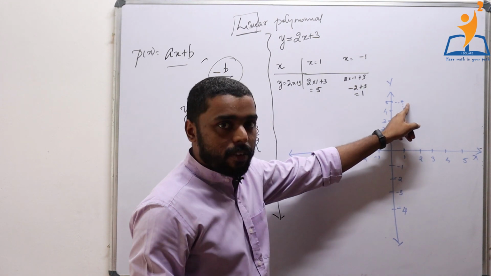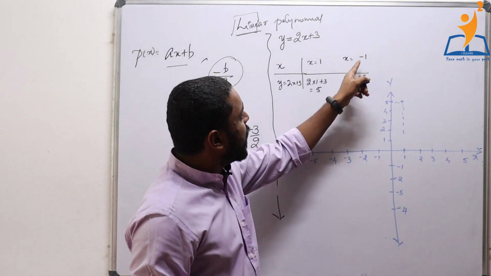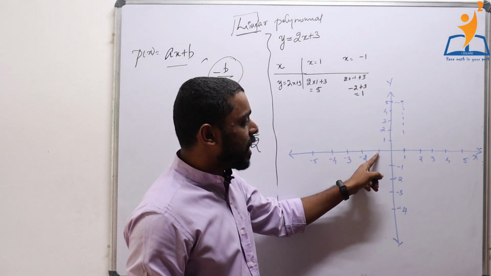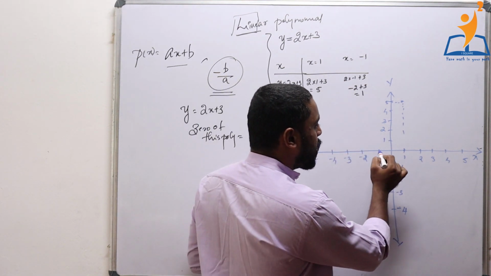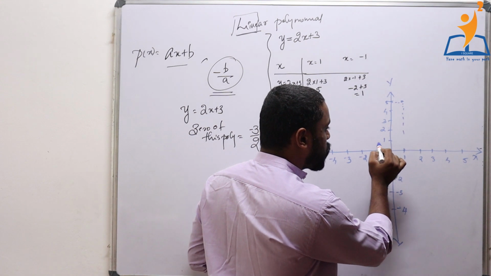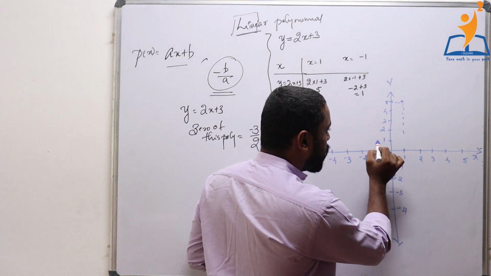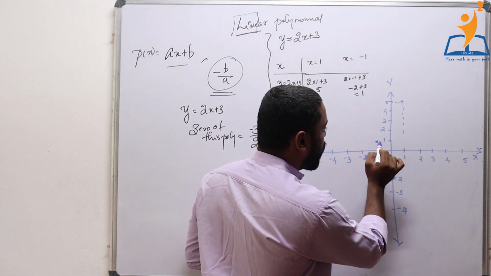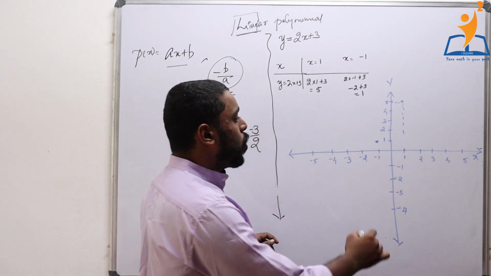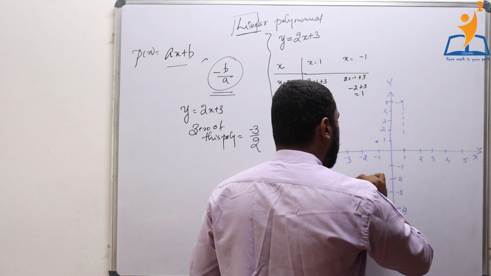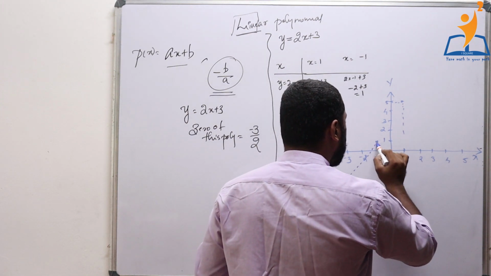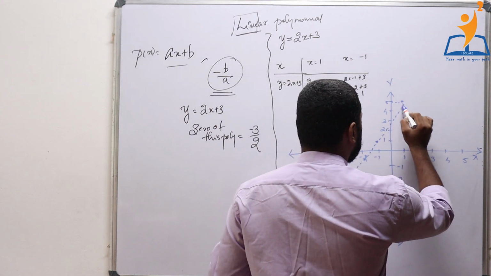Now whenever x equal to minus 1, y is equal to 1. So our point will be like this. So we got 2 points. Hence we can draw the graph of the function through these 2 points like this.